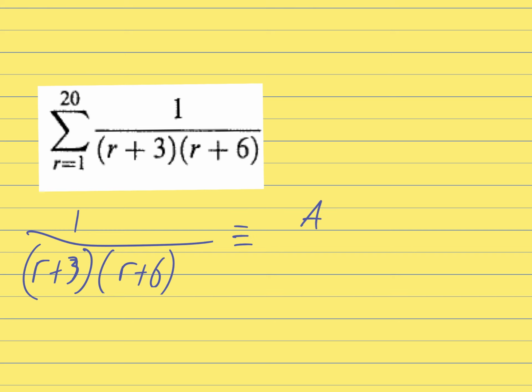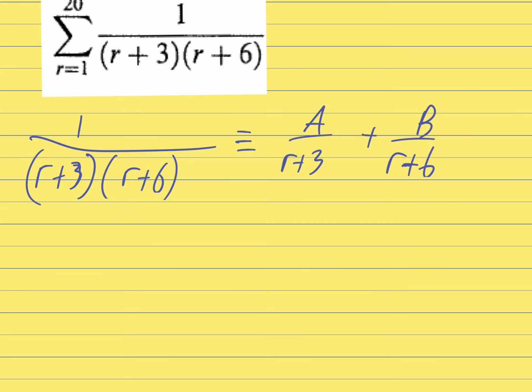So it's identically equal to A over r plus 3 plus B over r plus 6. Now if you multiply across by (r plus 3)(r plus 6), you'll have 1 is identically equal to A(r plus 6) plus B(r plus 3).